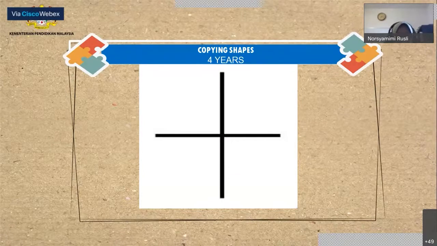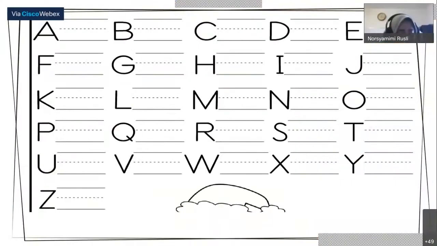Now a question for all of you. What do you think, if the student is able to draw a circle and a cross, what letters will he or she be able to write? O. Oh, yes, that's good.